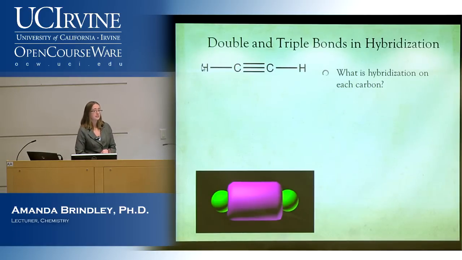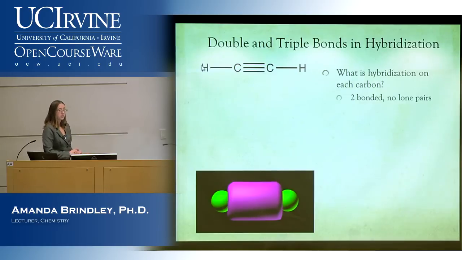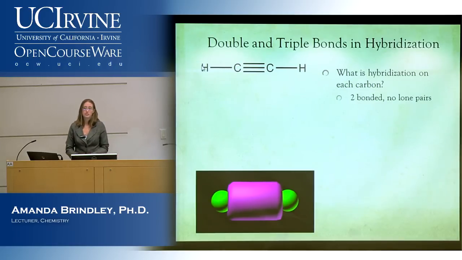And how many lone pairs? None. So 2 things bonded, no lone pairs, so our steric number is 2. How many hybrid orbitals do we need? 2. How many do we have to start with? 2. So what is our hybridization? An s and a p. So sp.